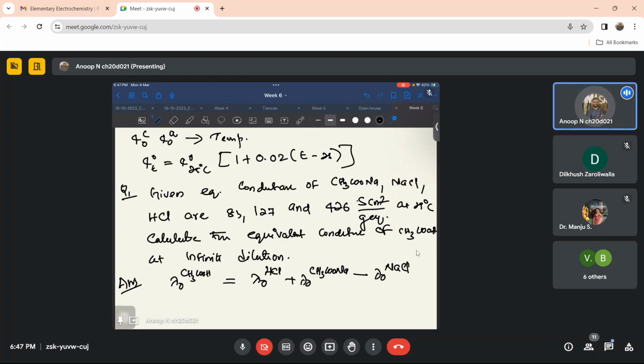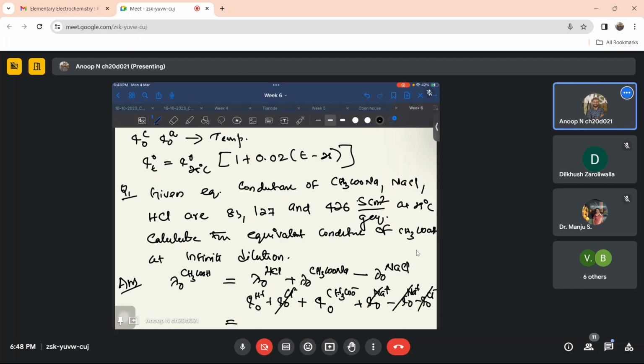We'll expand it here itself: L0 H plus, L0 Cl minus, plus L0 CH3COO minus, plus L0 Na plus, minus L0 Na plus, minus L0 Cl minus. So these two will cancel out, and similarly this and this will cancel out. So like that you will get for acetic acid.